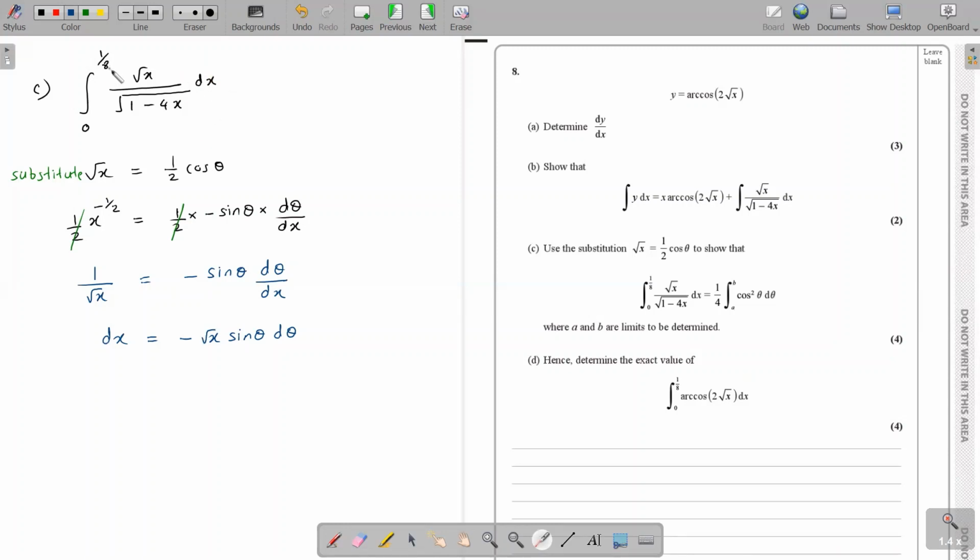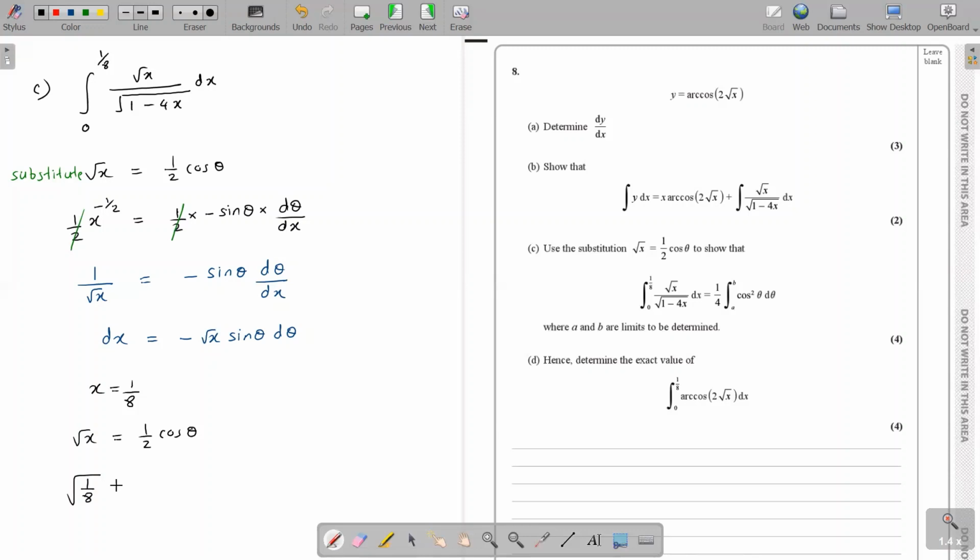I also need to find the new limits, because these are x limits. Since I'm converting to theta, I need to get the theta limits. So what are the theta limits? Our first x limit is 1 over 8. How do you make it theta? The substitution is root x equals half cos theta. So root x means it's root 1 over 8, right?